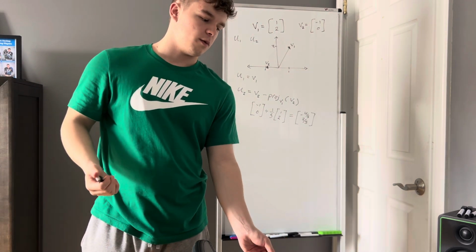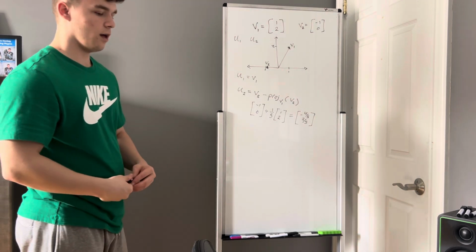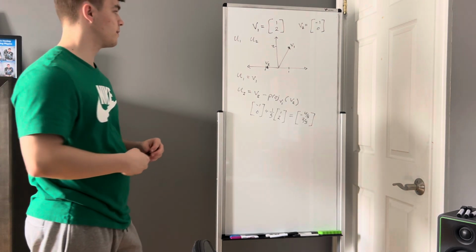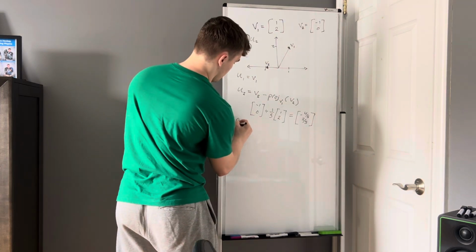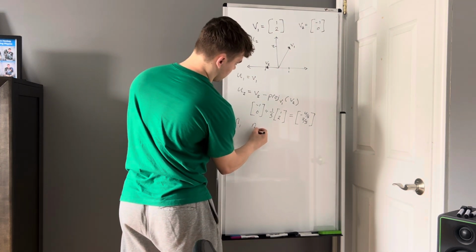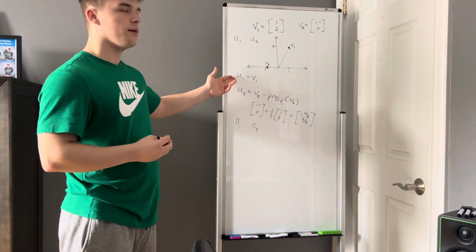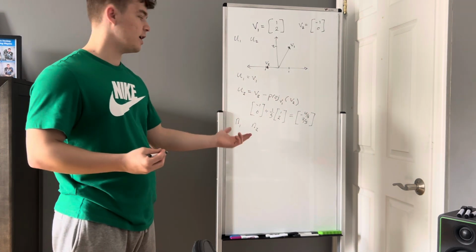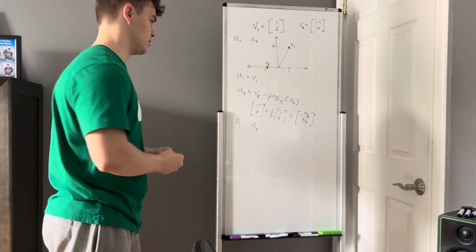How can we make them orthonormal? Well, all we have to do is name our orthonormal basis N1 and N2. And now what we can do is divide U1 by the magnitude of itself and divide U2 by the magnitude of itself, and they must be normal vectors.